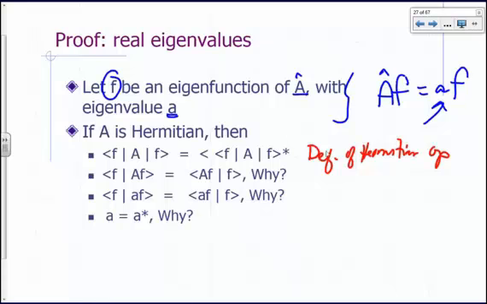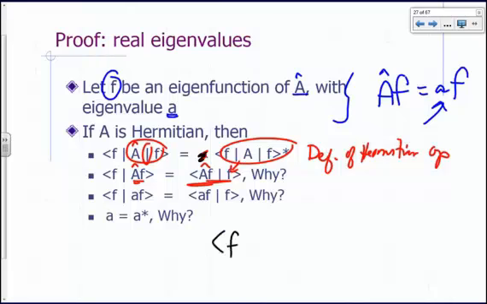I look at the left side, A hat operating on f. I just took that out, so I just combined them. And this is the same thing we showed before. This thing is the same thing as this.